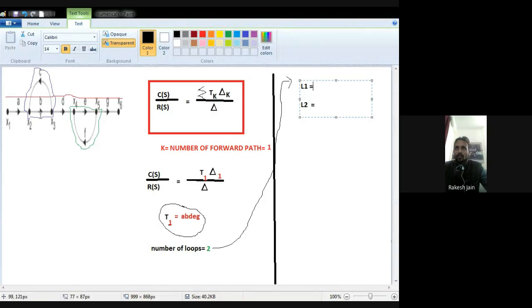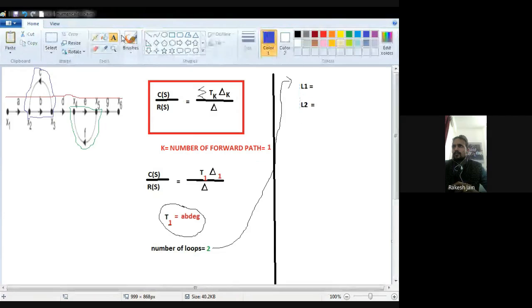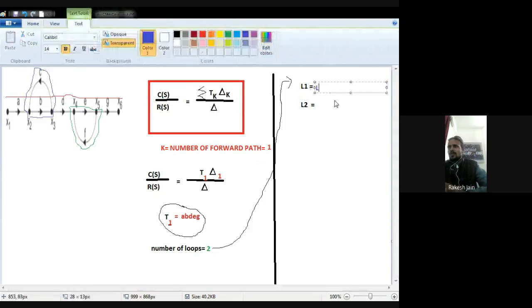L1. So what is L1? In the blue color loop, I just write down with the same color so you will not get confused. L1 equals BC.